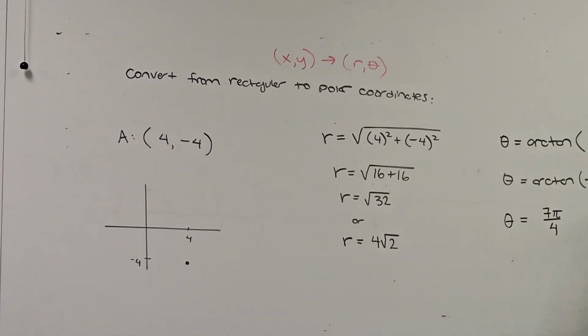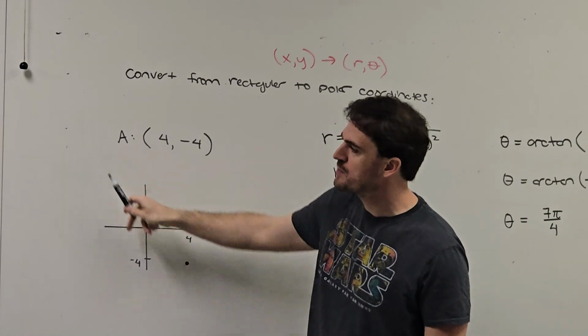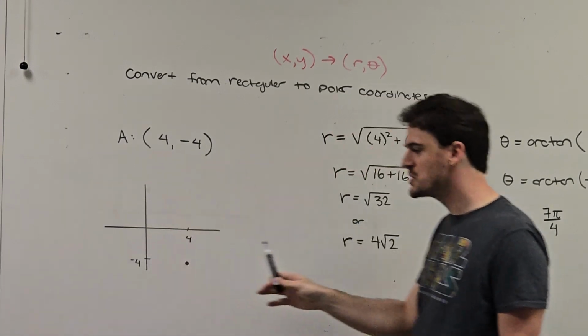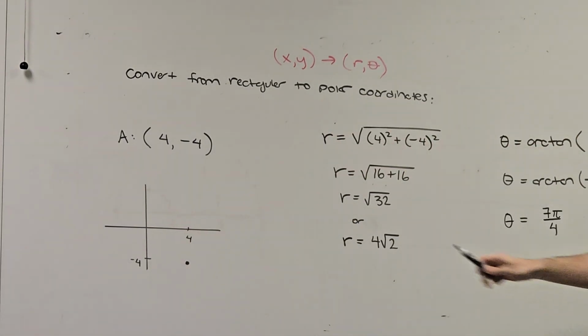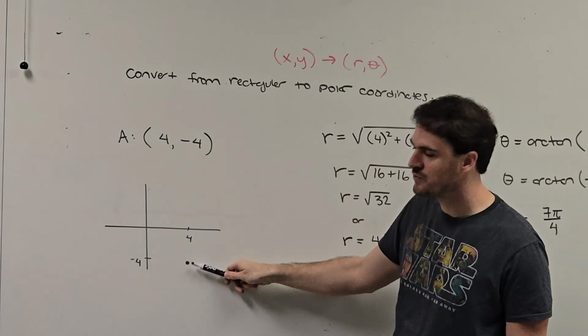But here's another good thing to mention. Arctangent of -1, you also could have said, in quadrant 2, 3 pi over 4. But this is where we just need to pay attention to the problem a bit. I want the point where y is negative, which is in the fourth quadrant.